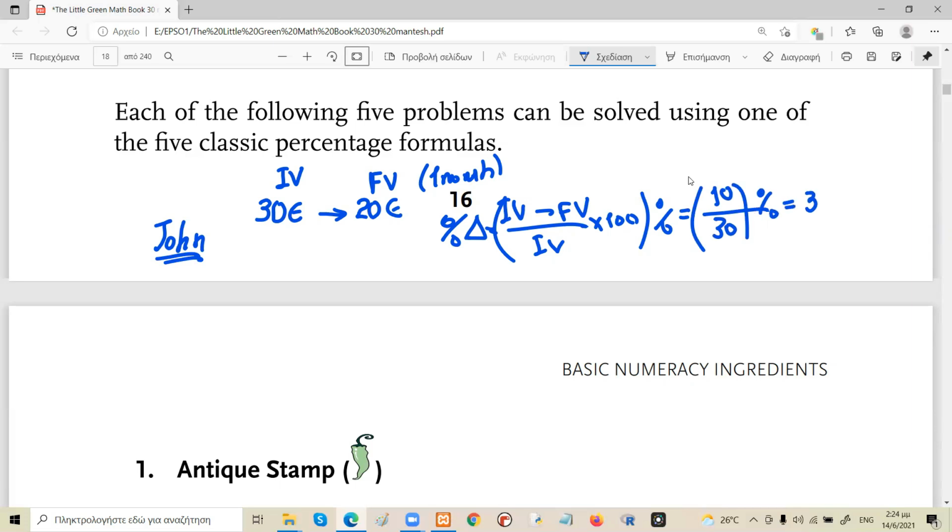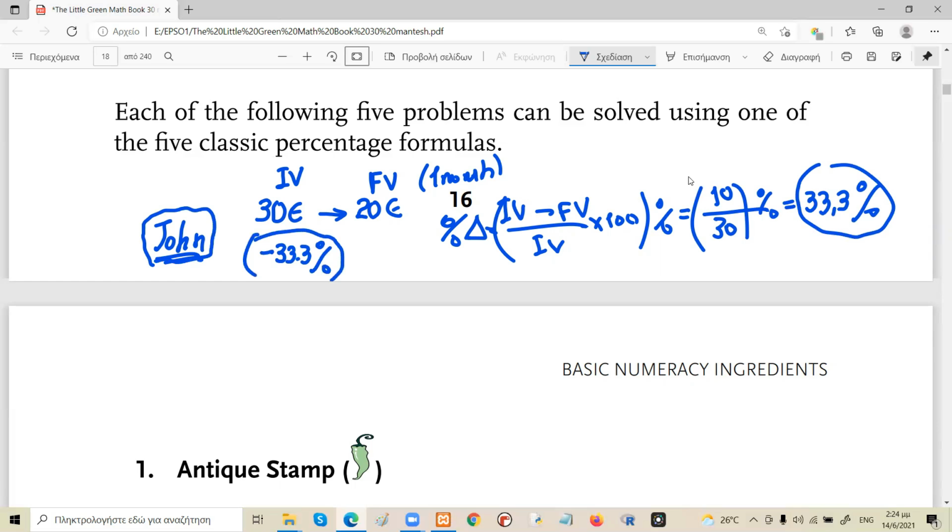So this is about 33.3%. What John says, he's a little naive actually, is: oh, okay, we had a fall of 33.3% in the market, but now I'm expecting the market to go up by 33.3%.